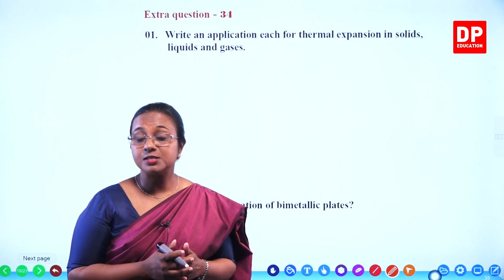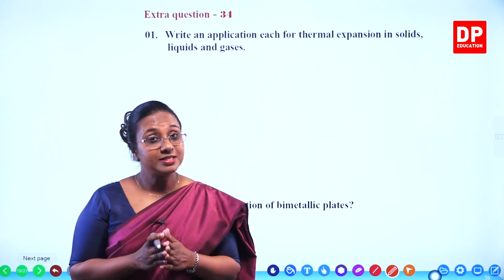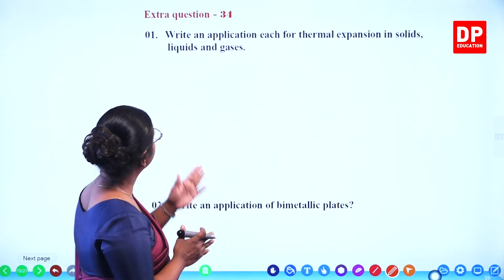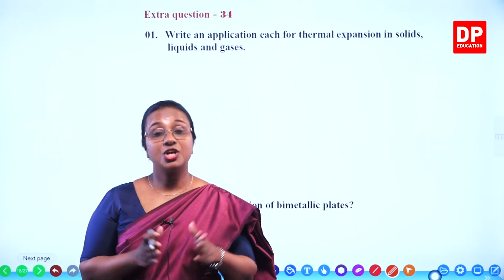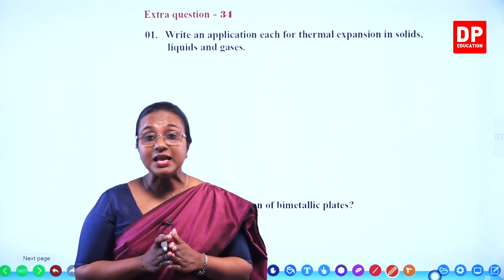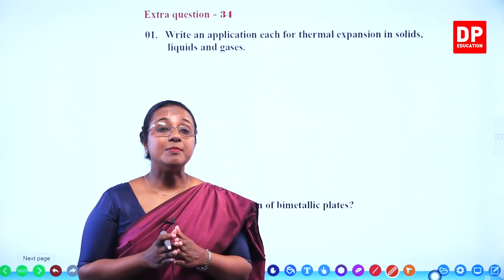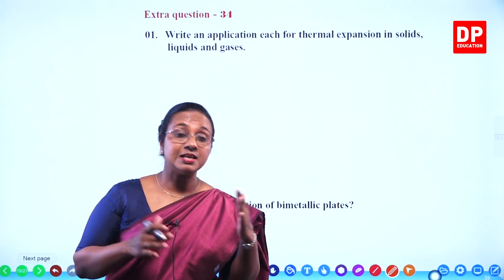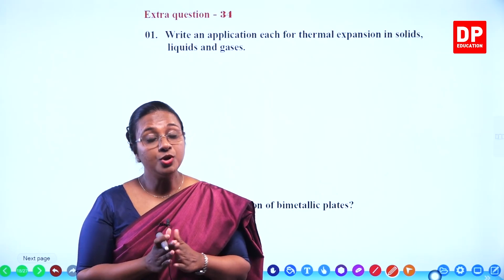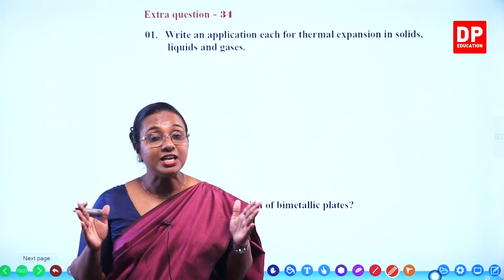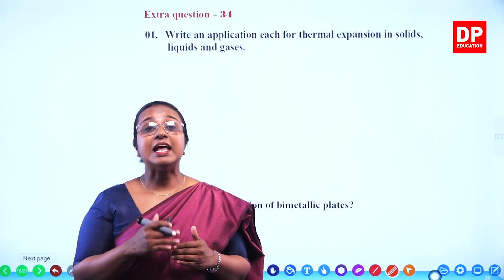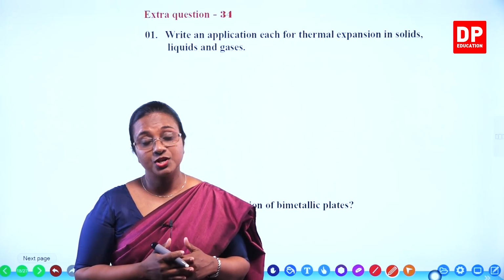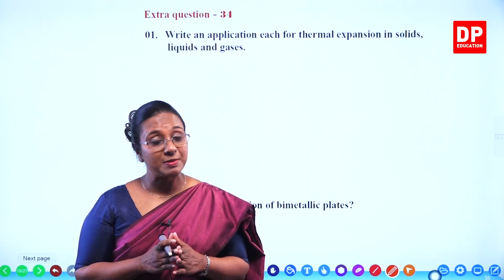When there is thermal expansion in solids, what is the application? Now here they have asked for applications. You all can remember the bimetallic strip. So bimetallic strips, when there is thermal expansion, one metal expands less, the other metal expands more, so that it is used to regulate the temperature in an electrical appliance. So that is a function of the bimetallic strip.